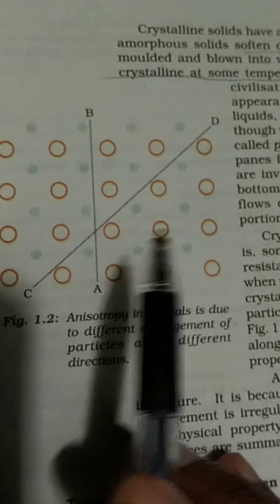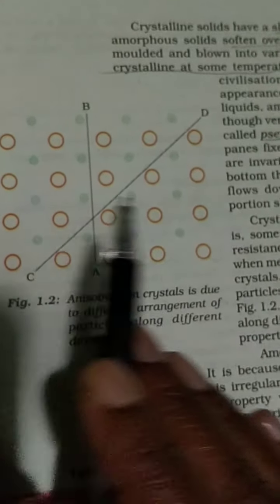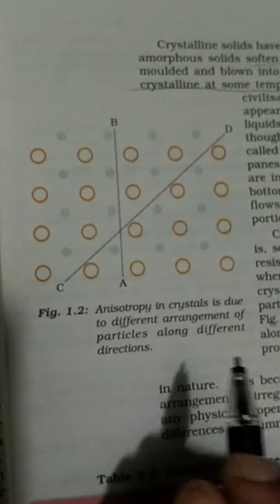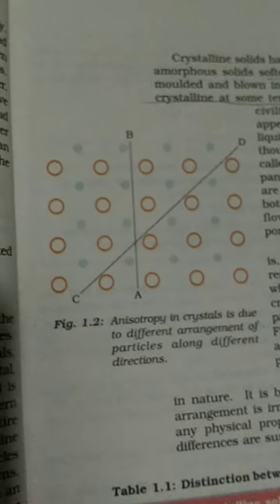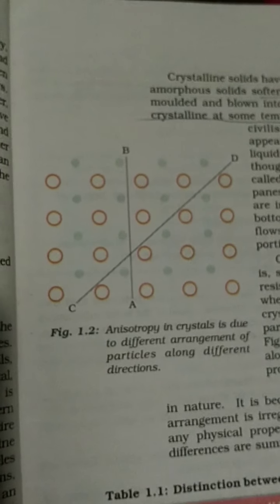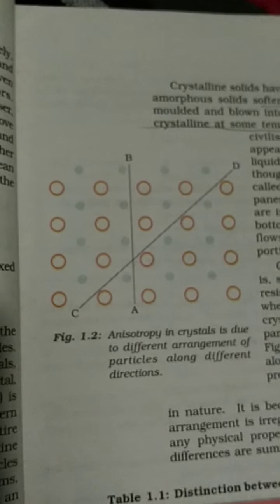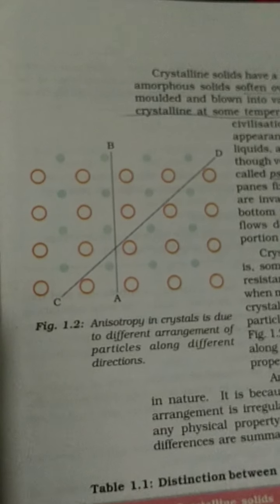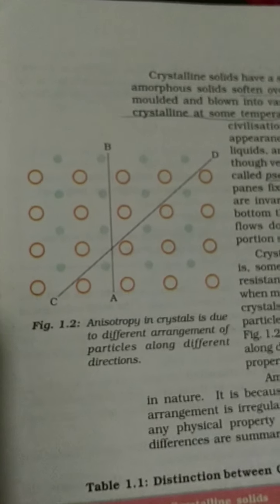Particles are arranged differently. As you can see here, when we view them from different directions, a different arrangement is present. That is the reason the value of the same physical property is found to be different along each direction.